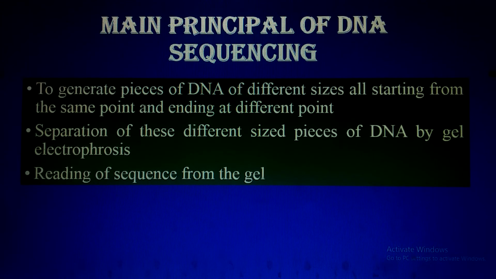Gel electrophoresis, maybe you are familiar with it, is used for the separation of charged particles depending on their size and charge, like proteins, DNA, RNA, and so on. Number three, reading of the sequence from the gel. All sequencing methods, whether it is the Sanger method or the Maxam-Gilbert method, use this basic principle.